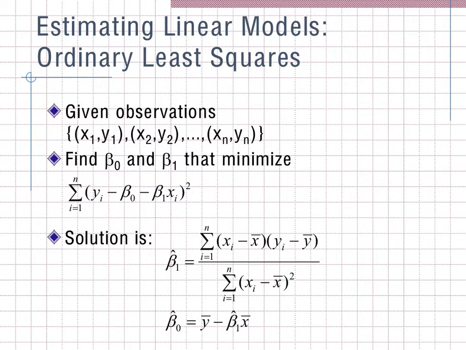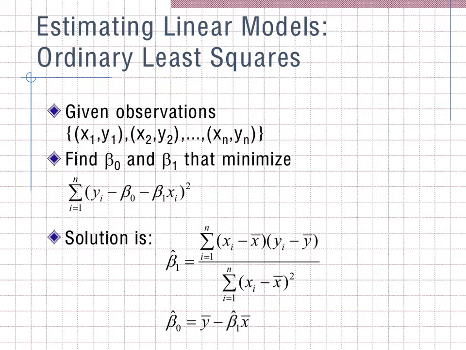And so as far as using data to get our estimates for the slope and for the intercept, we have to start with what the observations are. So we're going to have a set of paired observations. The first observation will have values for x and y, and then a second observation will have another pair of values for x and y respectively, all the way up to n observations.